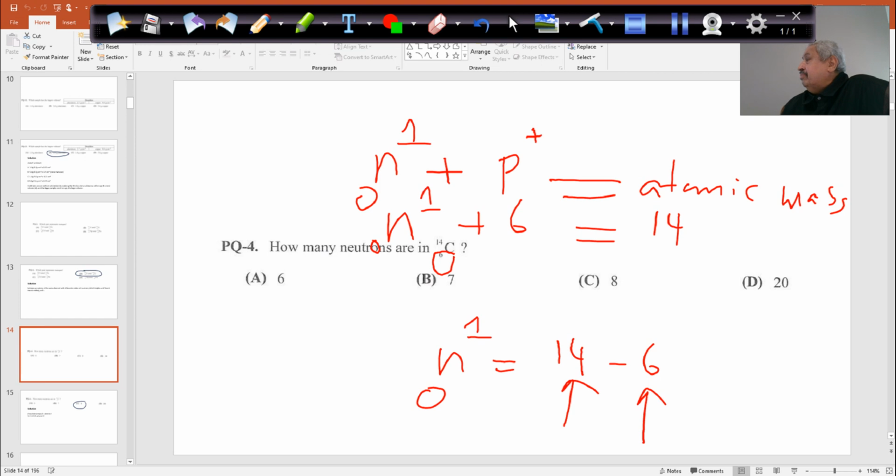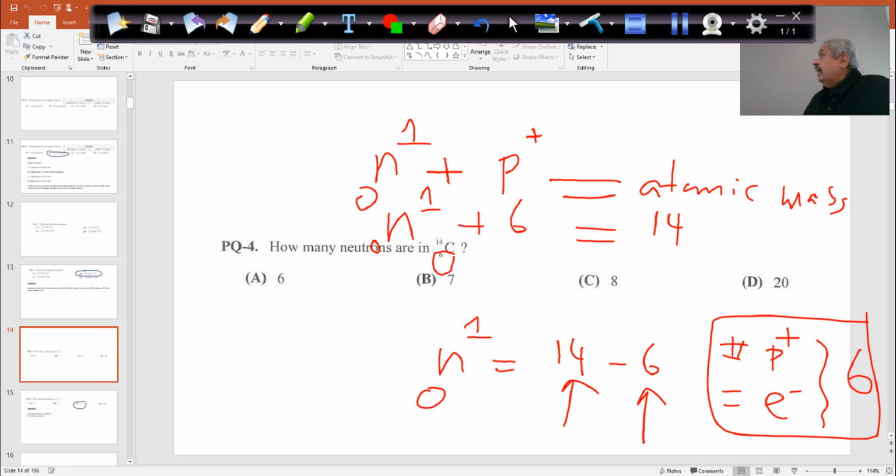Make a note that the number of protons equals the atomic number equals the number of electrons if you have a neutral atom. If you have an isotope that's charged, a cation or anion, then the number of electrons will change as well. So the number of protons equals the number of electrons equals 6 here, because we have neutral carbon.